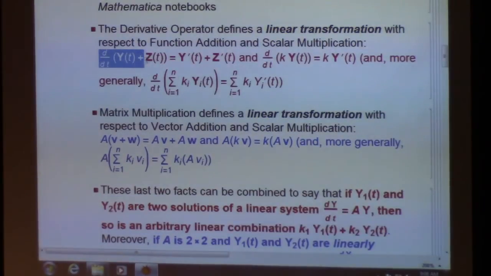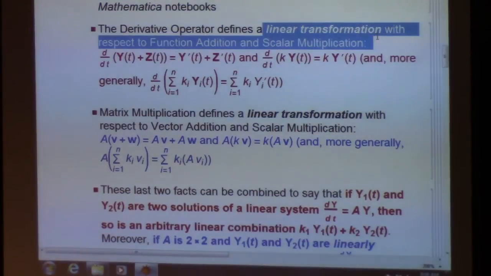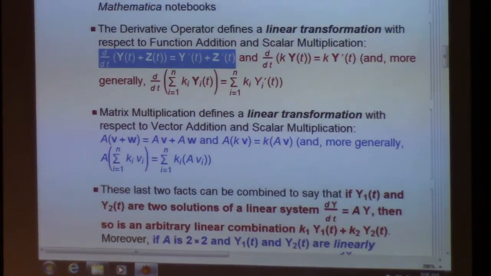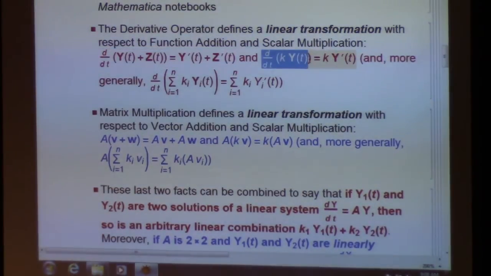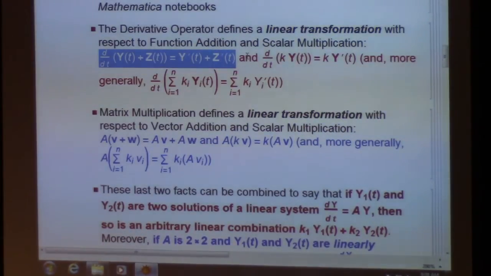First of all, the fact that the derivative is what's called a linear operator or a linear transformation. If you take the derivative of the sum of two functions, the answer is the sum of their derivatives. If you take the derivative of a constant times a function, then that's the same as the constant times the derivative of the function. These are facts you knew from Calculus 1, though here we're stating them in vector form.